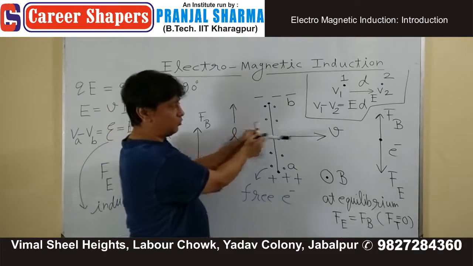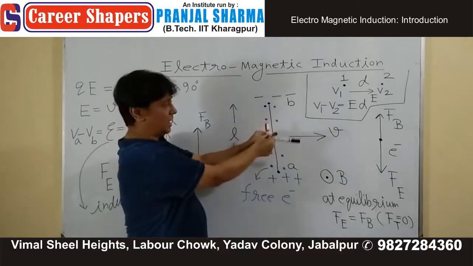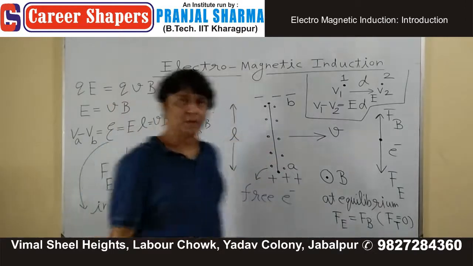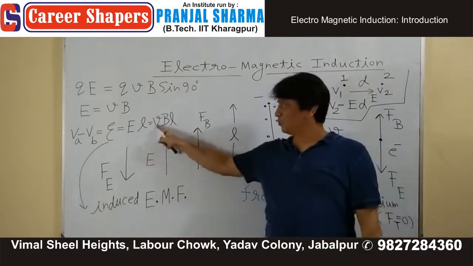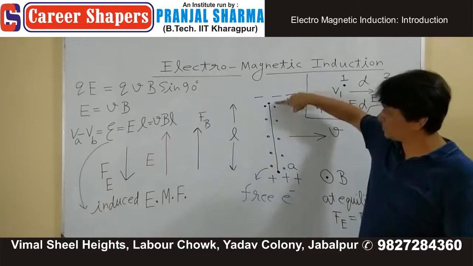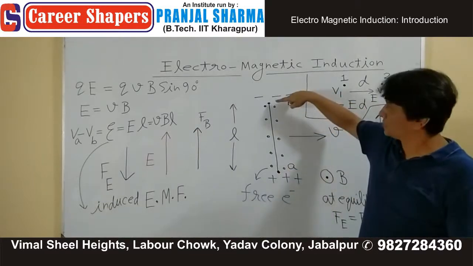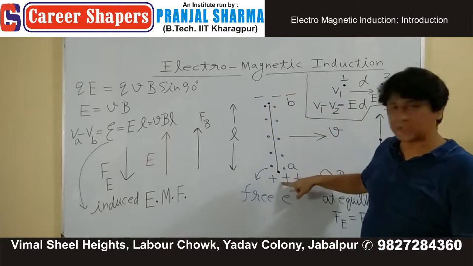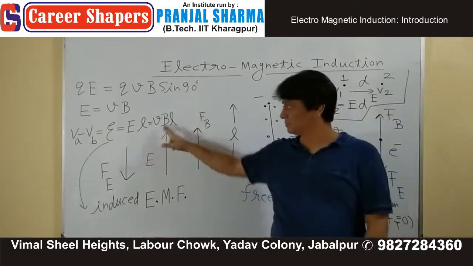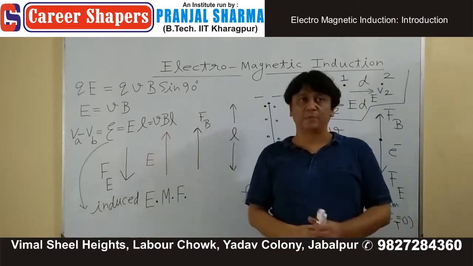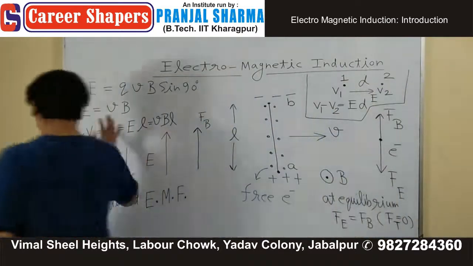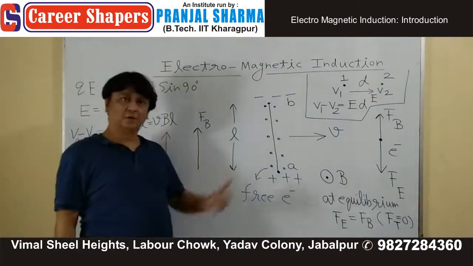So if you have V, B and length, all three mutually perpendicular, then the induced EMF will be VBL. It can be plus, it can be minus. If somebody says find out this minus this, then the answer will be negative. Magnitude wise, VBL. Let's write down the statement, although we'll again come back to this statement, but let's write it down over here also.